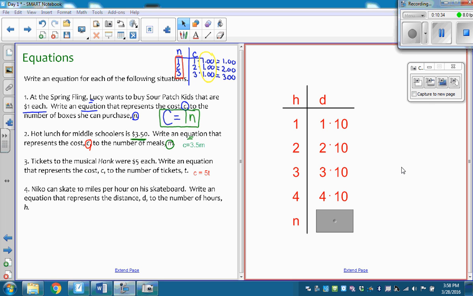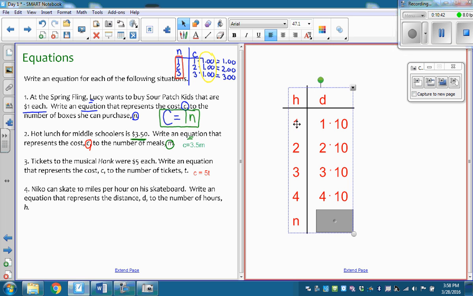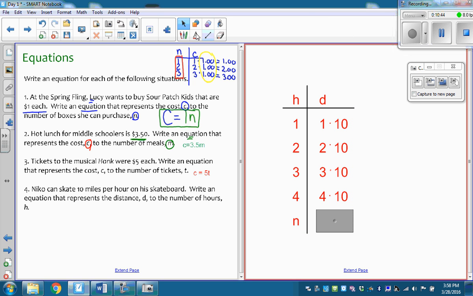Okay, so since the board's not working, I typed in the table, but going back to that problem, we talked about if you skate for 1 hour, you're going to do 1 times 10 or 10 miles. If you skate for 2 hours, you'll get 20 miles because you would do 2 times 10.